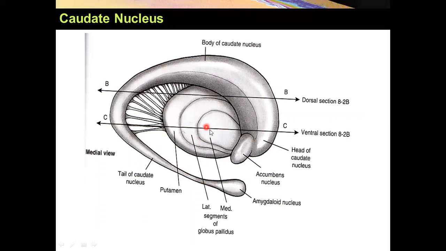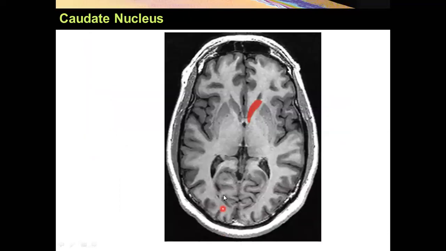Here is the medial or inner segment, and this is the lateral or external segment of the globus pallidus. Now we see the caudate nucleus here. This is a horizontal brain section or the transverse brain section.